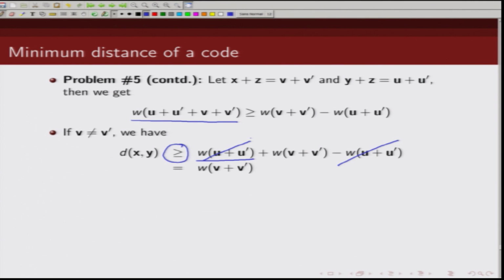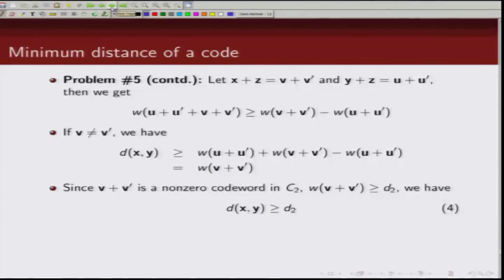And what is v plus v prime? V and v prime are valid code words in the linear block code C2 with minimum distance D2. So, v plus v prime will be another valid code word in C2 whose minimum distance is D2. Then we can write that the Hamming distance between x and y is greater than or equal to D2.